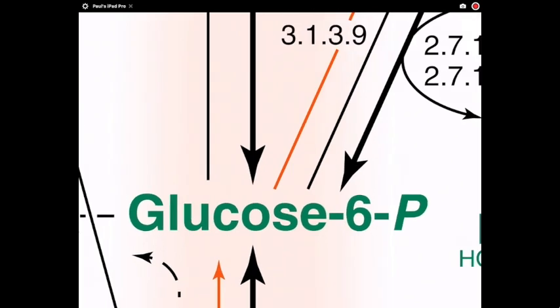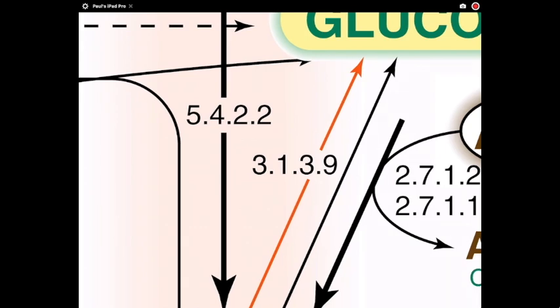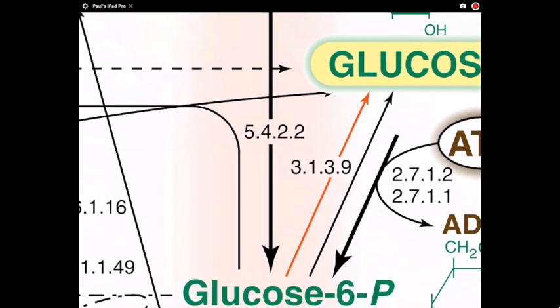What actually did that? Oh my goodness, there is a number, 3.1.3.9. Remember the enzyme names, and they can be classified in the systematic way. They're given a number and subnumbers. What was the enzyme name that we talked about for glucose to glucose 6-phosphate?